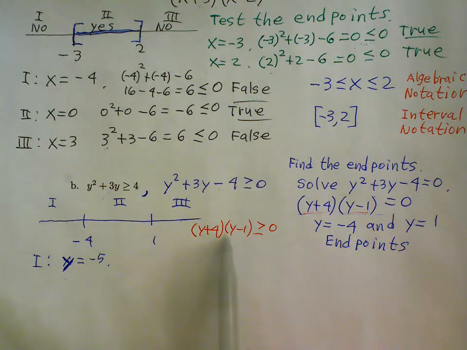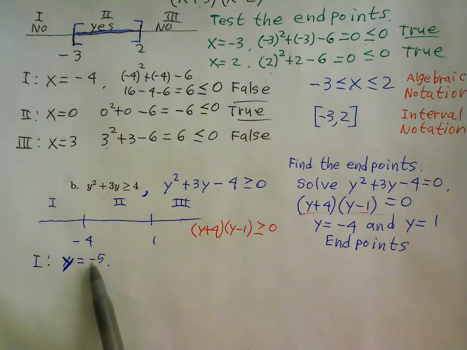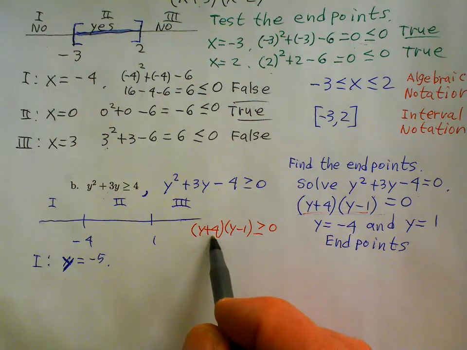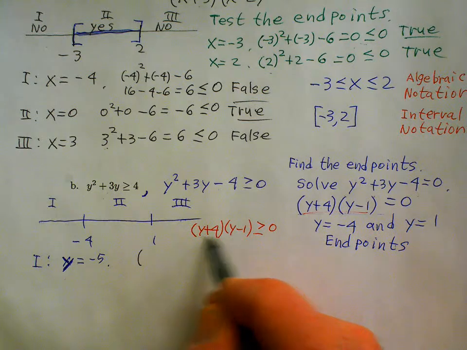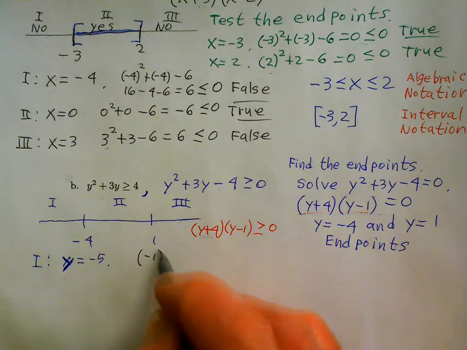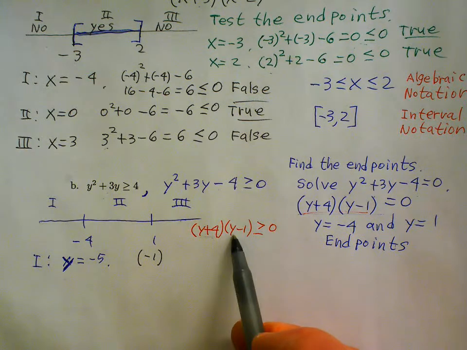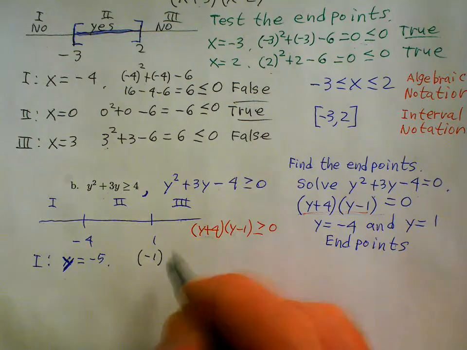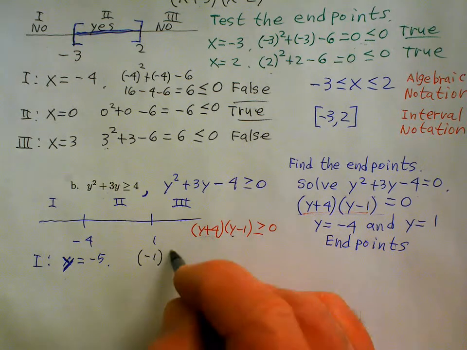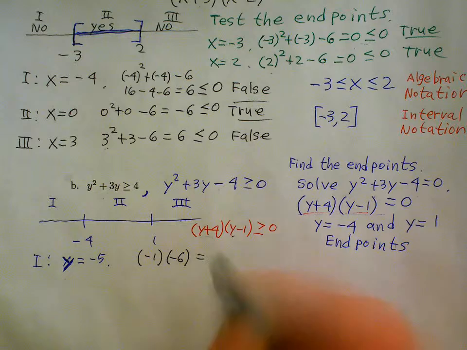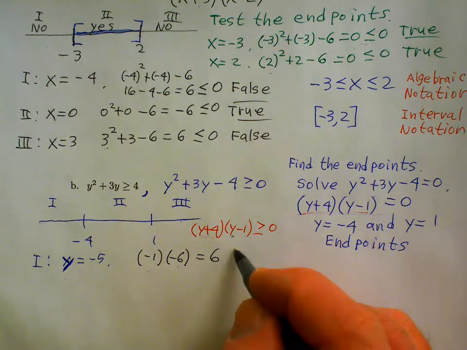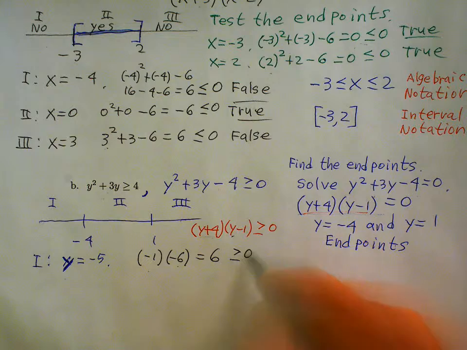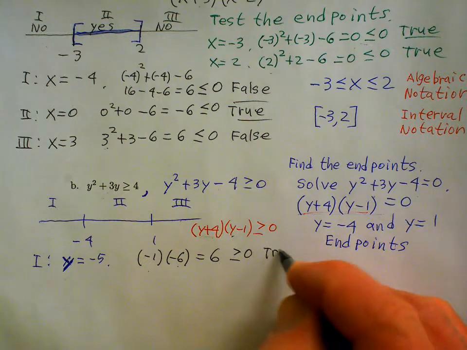If y is negative 5, then this factor, negative 5 plus 4, is negative 1. And the other factor, negative 5 minus 1, is negative 6. And then negative 1 times negative 6 is 6. And the inequality greater than or equal to 0 is true.